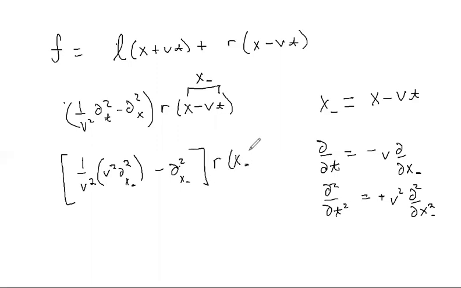And what we see is that in fact this is just zero. This differential equation just explicitly evaluates to zero when acting on a function of x minus alone. So we see that this function solves the differential equation. The proof that the left movers solve the differential equation is very analogous to this. All right, so that's one thing.